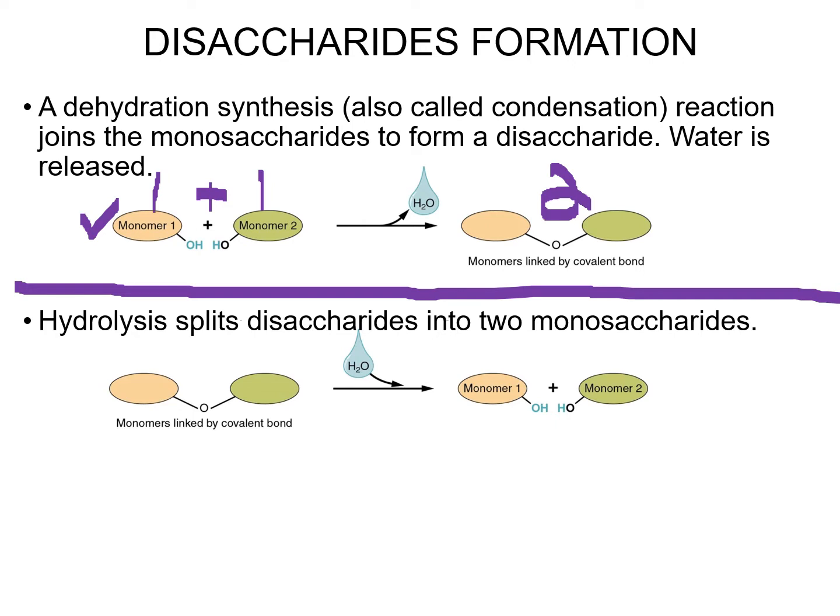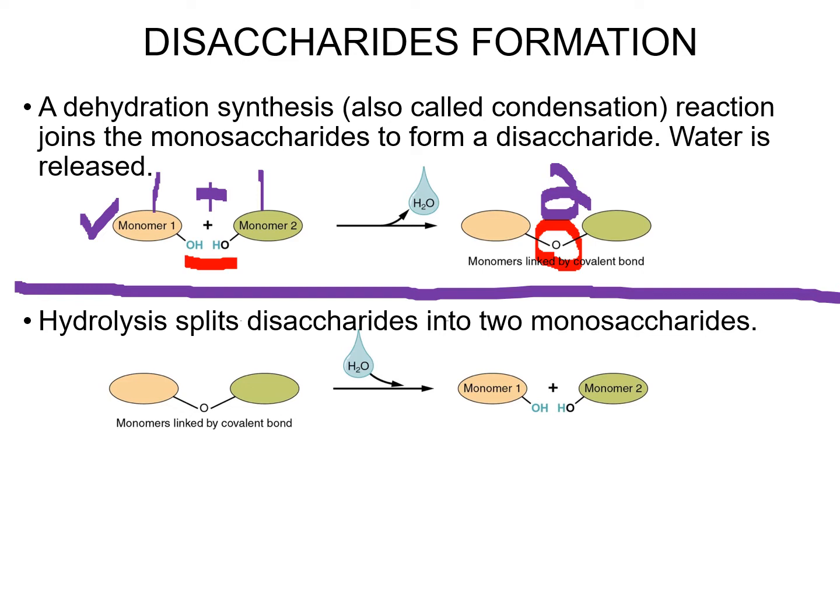Now take a look at what's going on here. With the 2 monomers, you have this OH and this OH kind of at the tails of these things. And remember, in order to make these things stable, once we get to the disaccharide, we need that O kind of holding hands or holding these 2 sugars together. So what we have to do is we have to lose all those other parts.